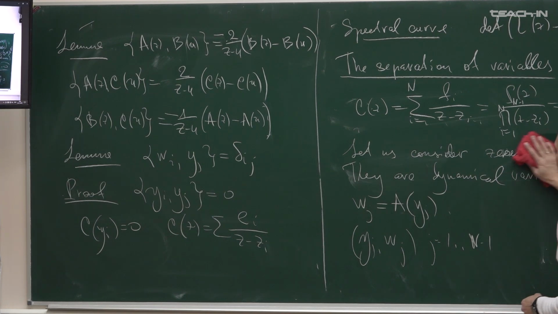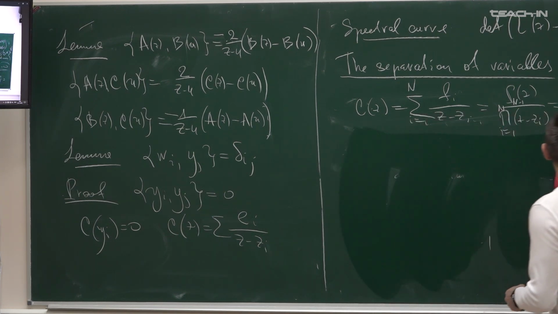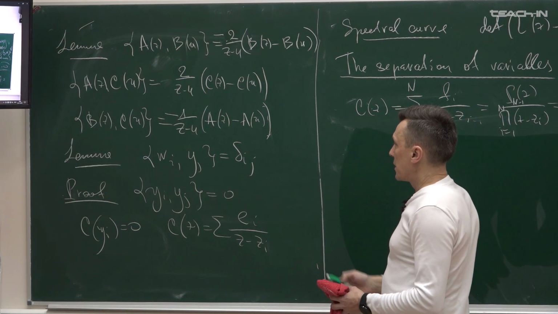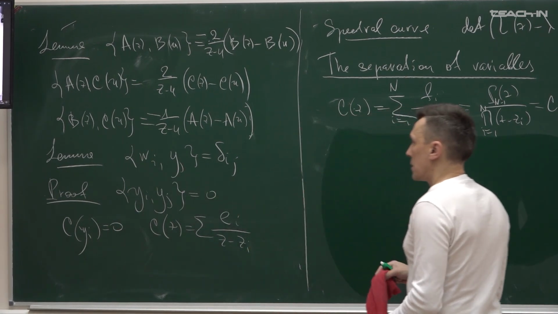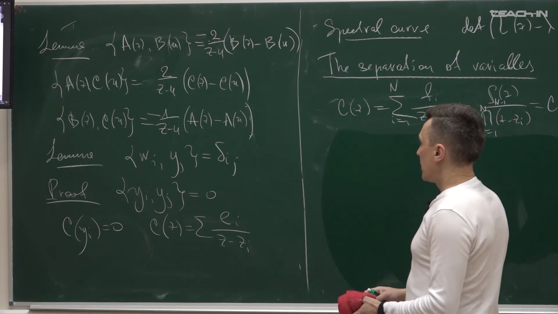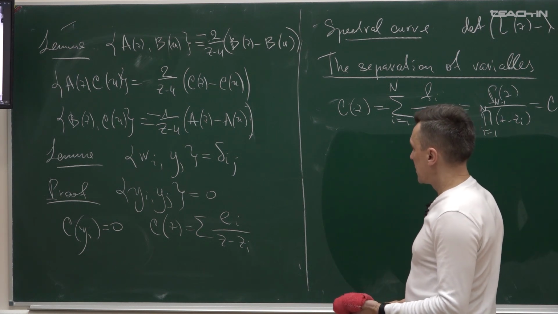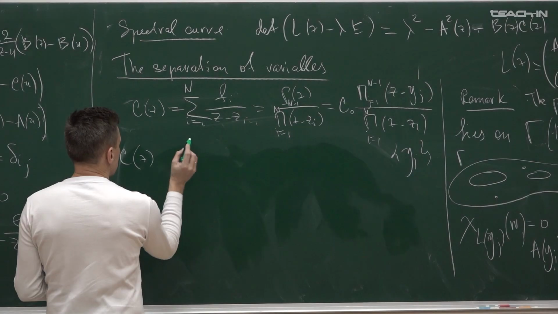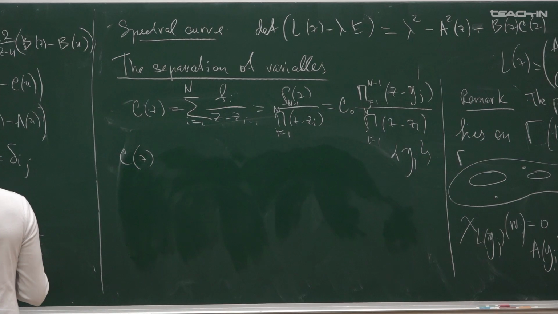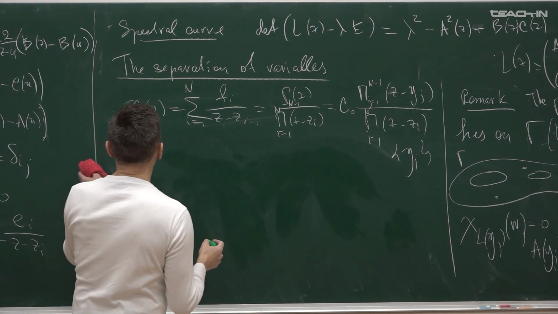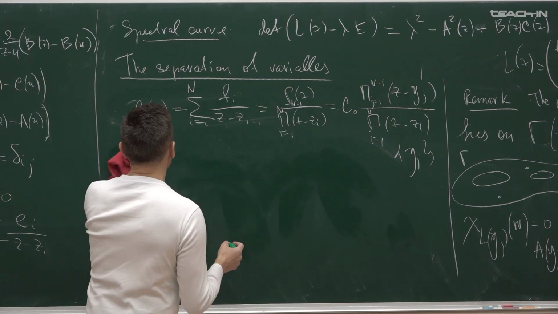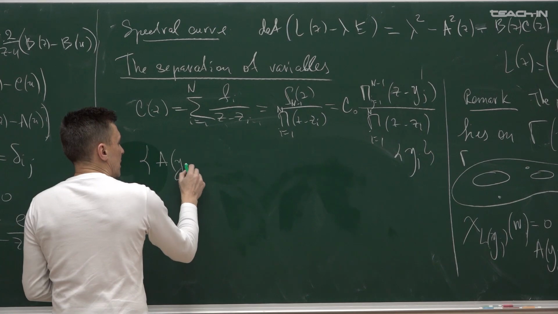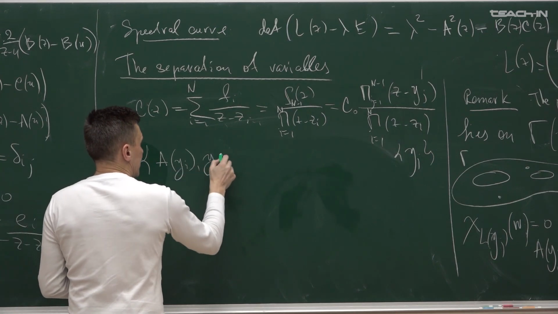The more complicated calculation is the bracket between different variables, but how to do it? I will represent C of Z, and now I have to calculate the bracket of y_i with y_j.